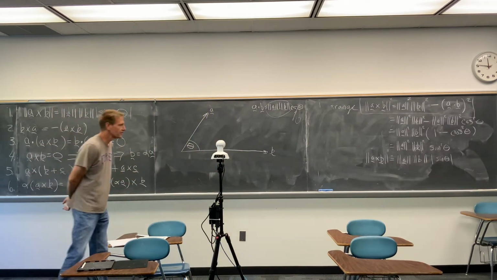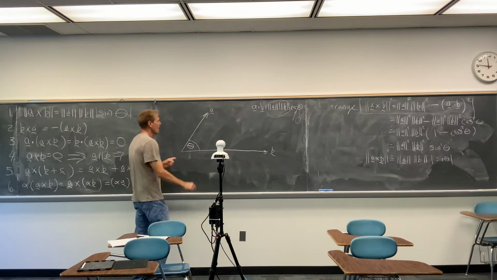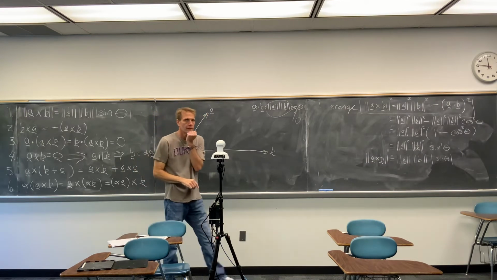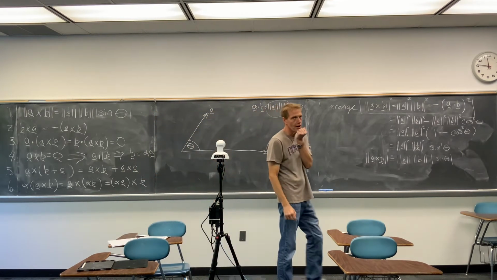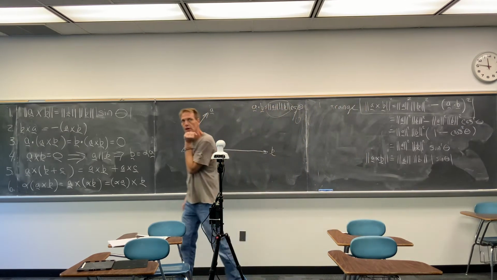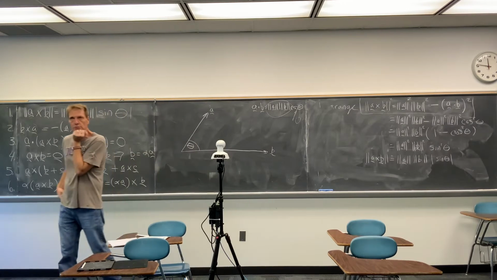Okay, now this is again active learning. Write down an expression that represents the length of the hypotenuse in that right triangle you just created.